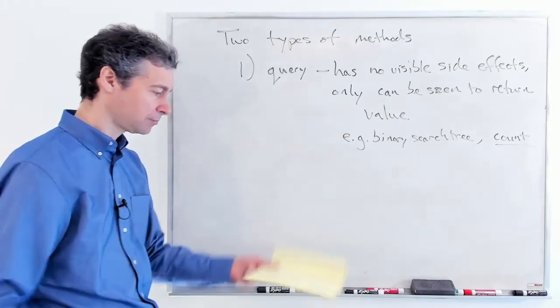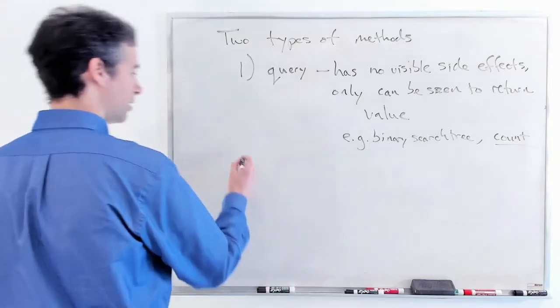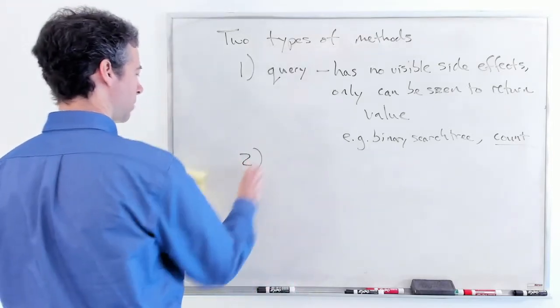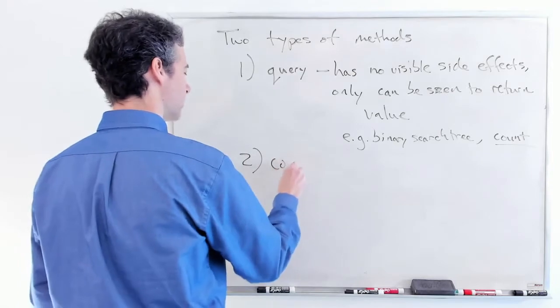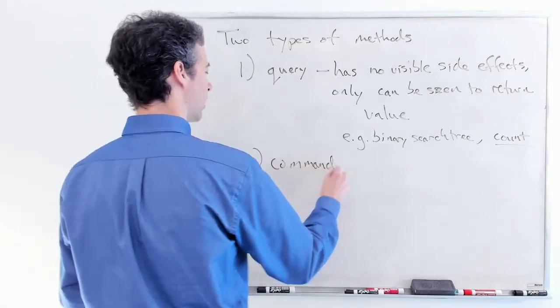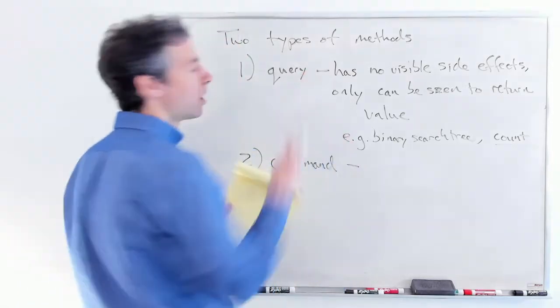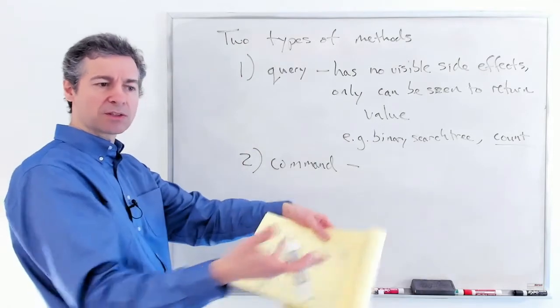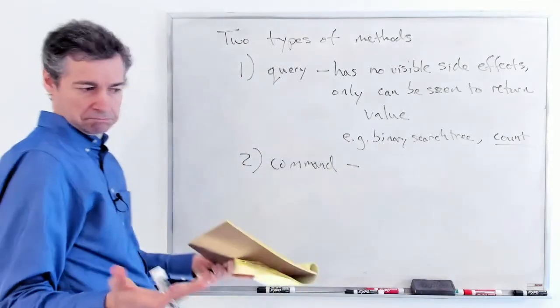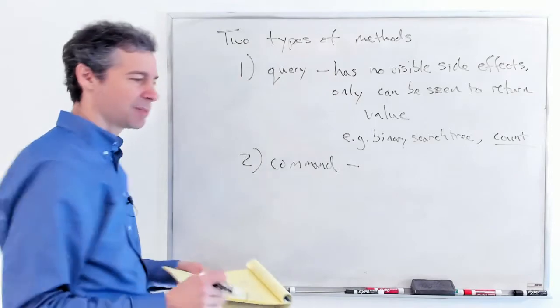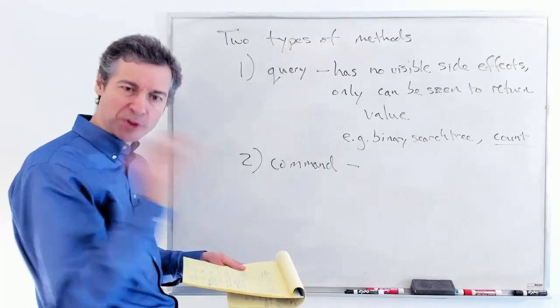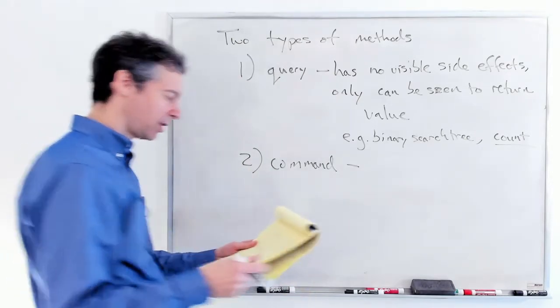All right. Then the other type are called command methods. And I do like this terminology. So with a query, we query the object: it looks at something and it returns something to me. The command method is basically telling the object, go do something.